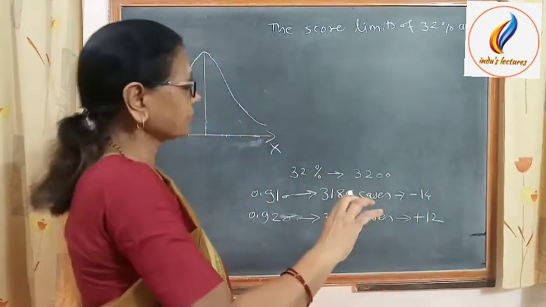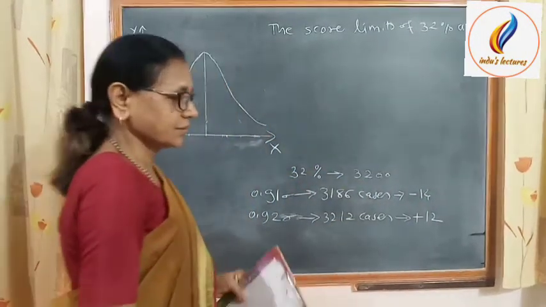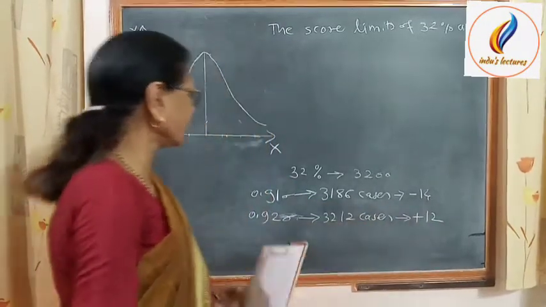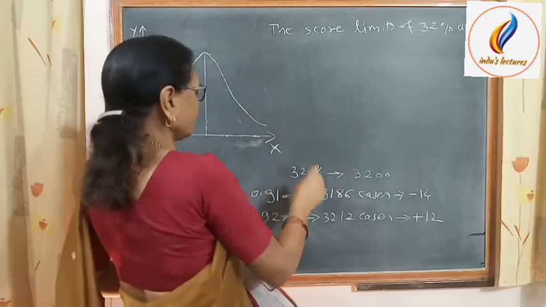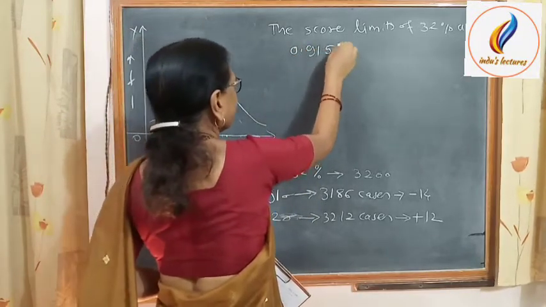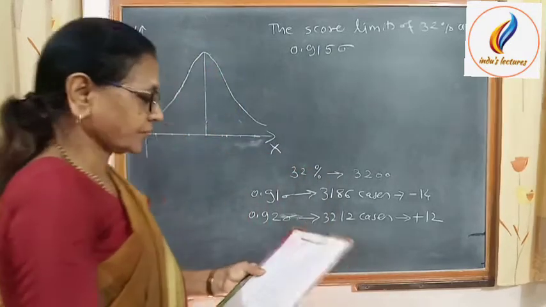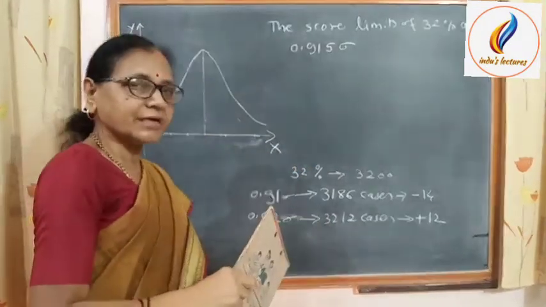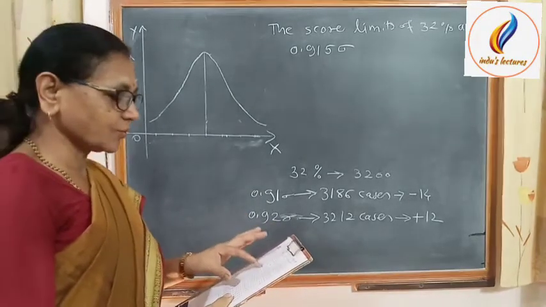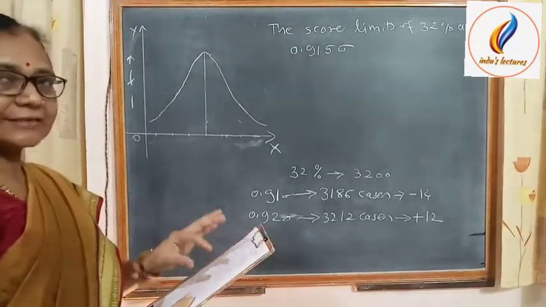So we can consider the differences approximately equal. So the score limit of 32% is 0.915 sigma.